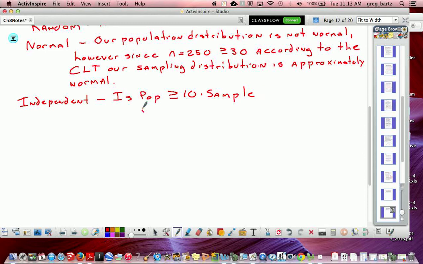You got it. So is the population greater than 10 times 250, or is our population greater than or equal to 2,500 students? That's a big school. Okay? So we're going to assume that this is going to be the case.